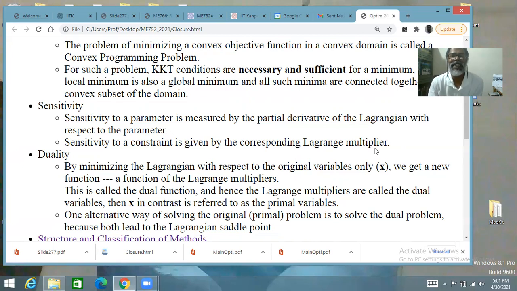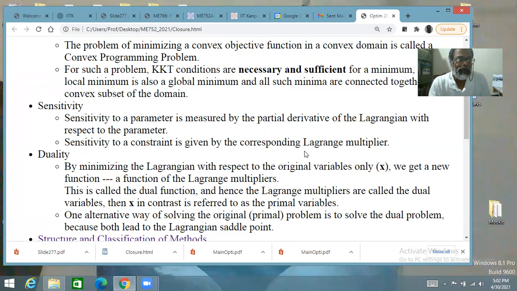On the other hand, if the Lagrange multiplier is non-zero, that means some amount of compromise is needed to satisfy the constraint. The minimum value went a little higher because you had the compulsion to satisfy the constraint. That is the way it gets interpreted.